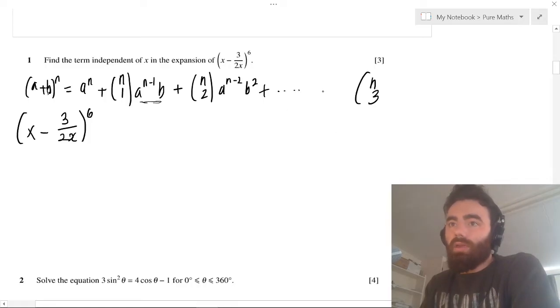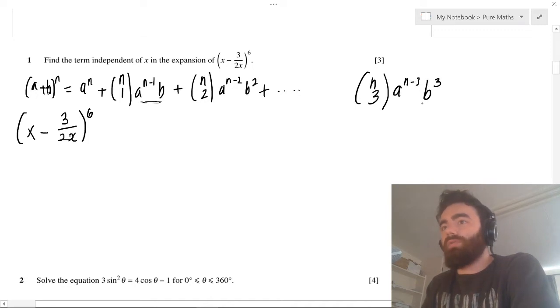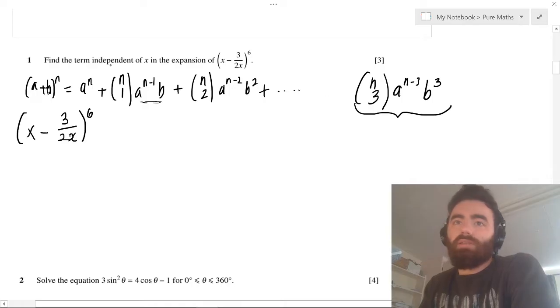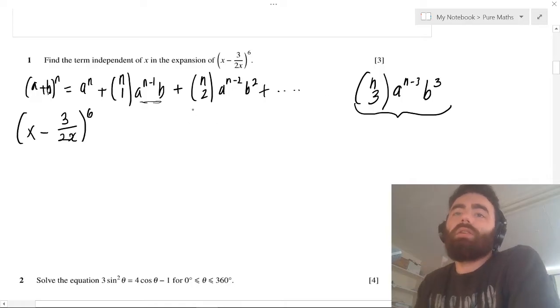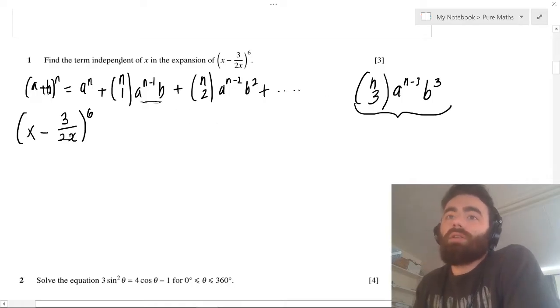in this sum with the term a to the n minus 3 and b to the 3, because that means it'll be a cubed and b cubed, and the x's will cancel. So if we just calculate this term, that gives us the term independent of x.